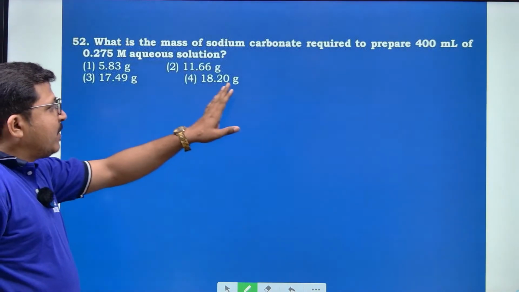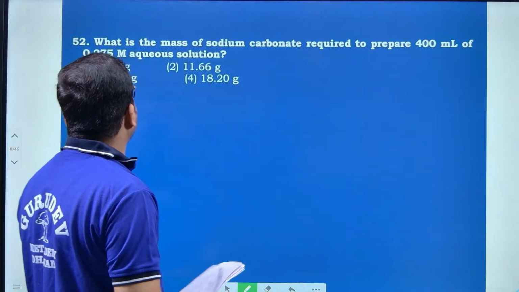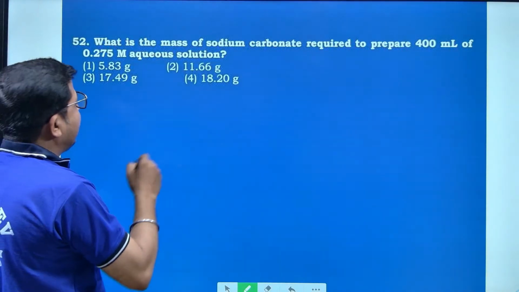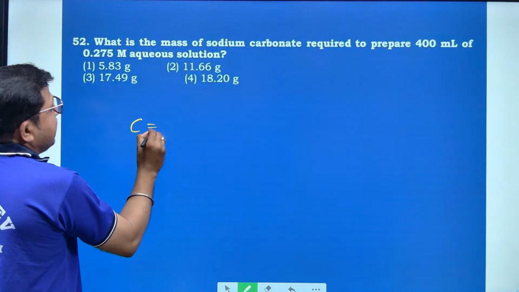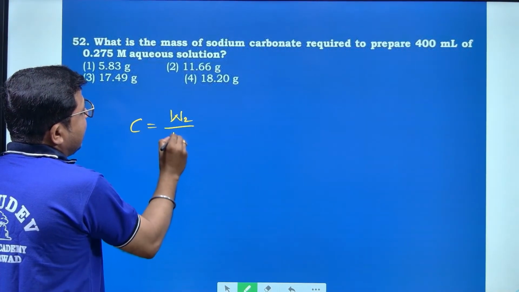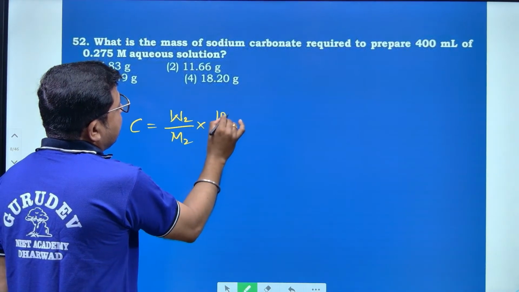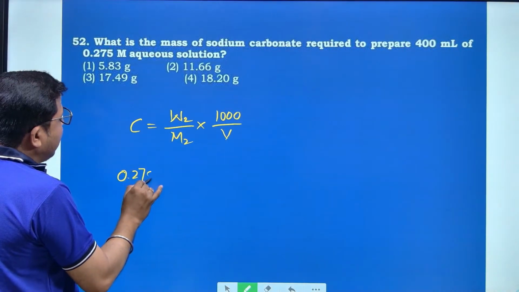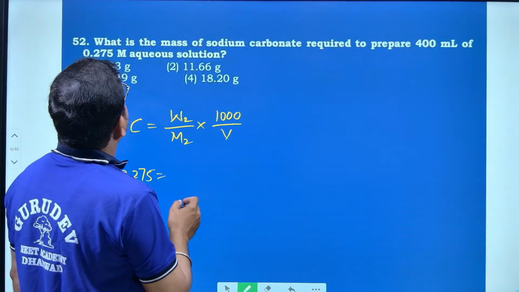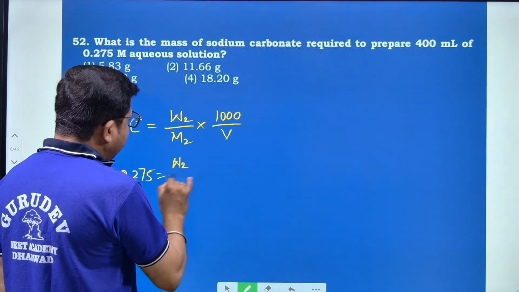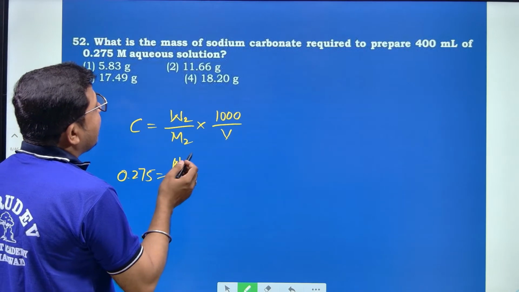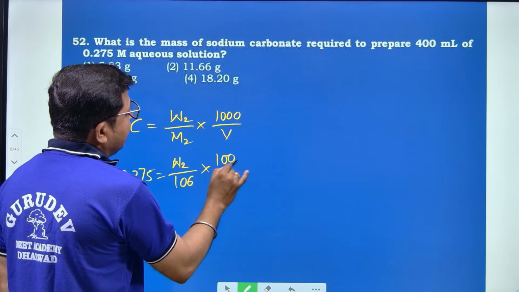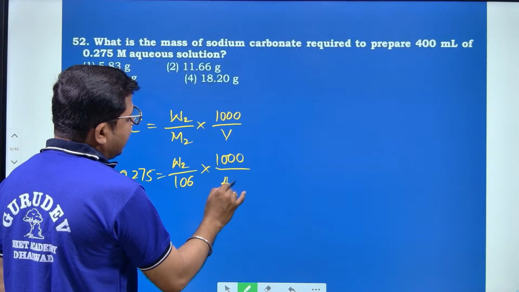What is the mass of sodium carbonate required to prepare 400 ml of 0.275 molar aqueous solution? Look here, the concentration is equal to W2 divided by M2 into 1000 divided by volume. The concentration given is 0.275, W2 we have to calculate, the molar mass of sodium carbonate is 106 grams per mole, 1000 stays as it is, and the volume is 400 ml.